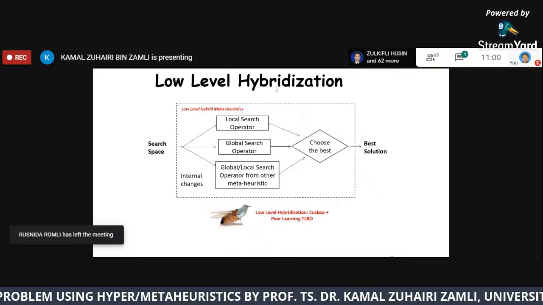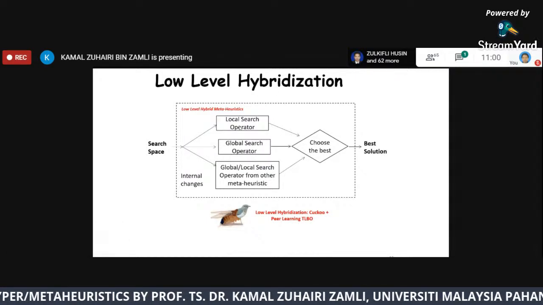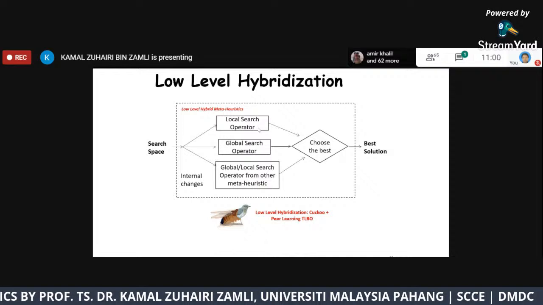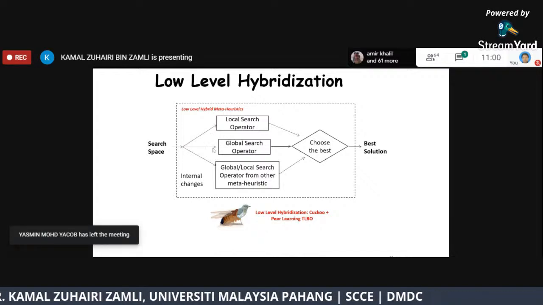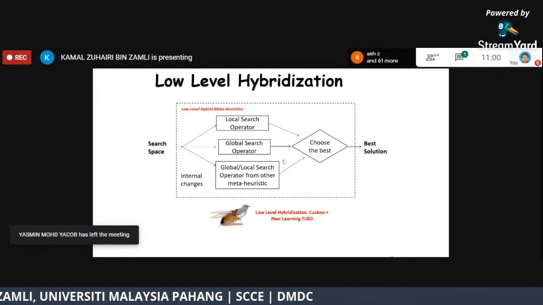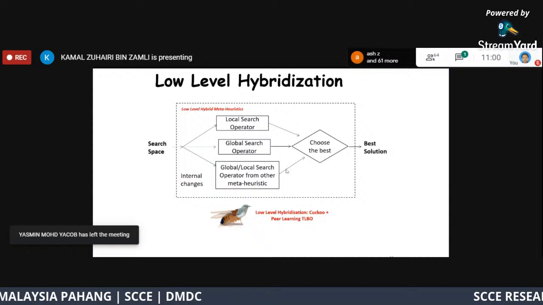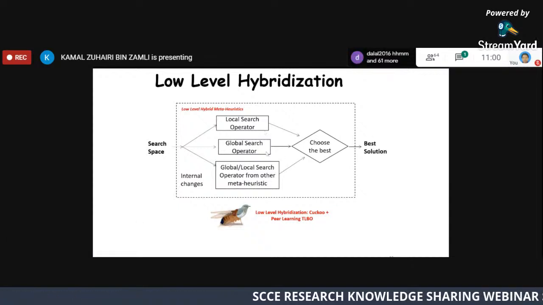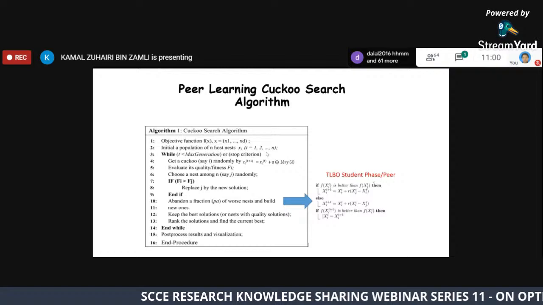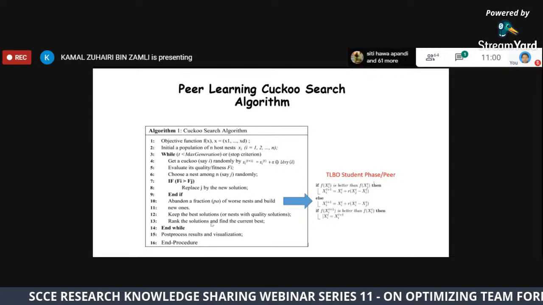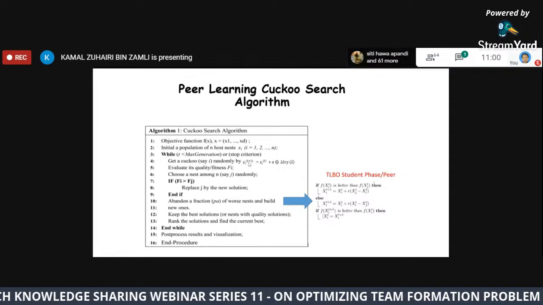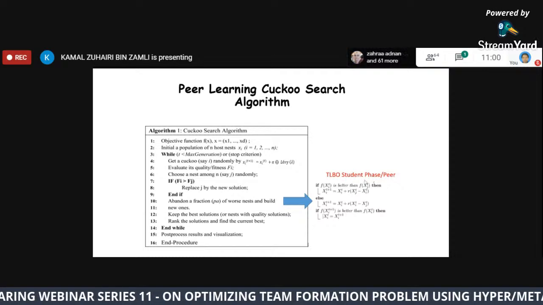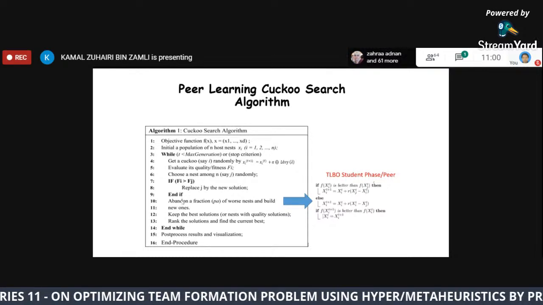for low-level hybrid, for example, you can have a local search operator and maybe a global search operator for one particular algorithm, and you can marry this operator with a different operator. For example, you have a cuckoo search algorithm with this equation, and you insert the equation from TLBO into cuckoo.